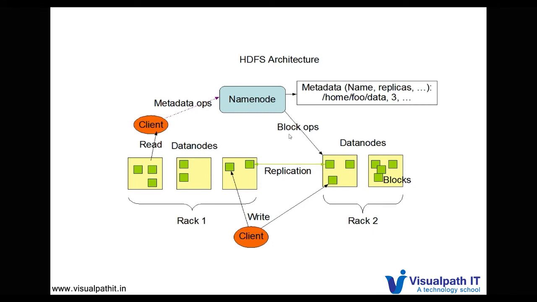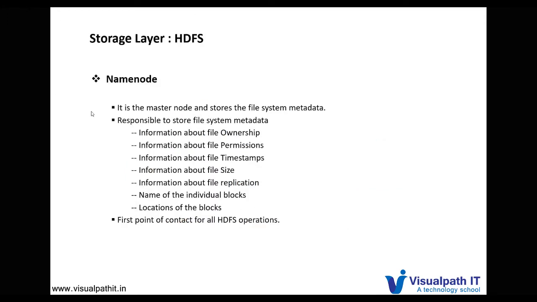Master slave architecture. It follows a simple architecture, one master, multiple slaves. It means the name node is the main node in the Hadoop architecture. So it will store the file system metadata.